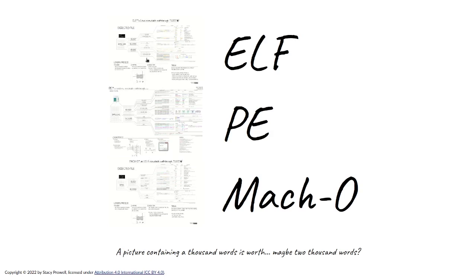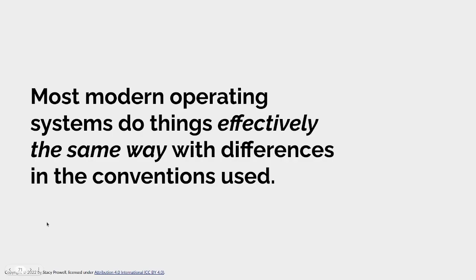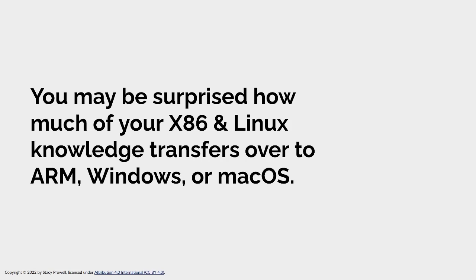These guys right here, these are giant posters of the format of these 3 different file formats, and you can click through to them and go have a look at them. Most modern operating systems do things effectively the same way, differences in the conventions that are being used. So if you learn one, you may be surprised at how much of that translates over to the others.